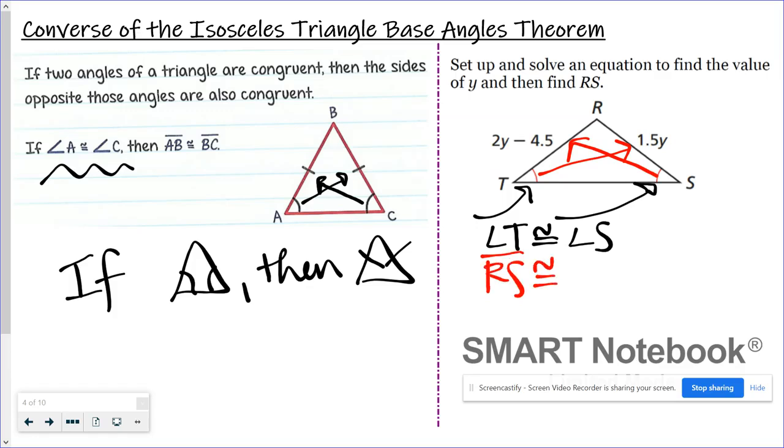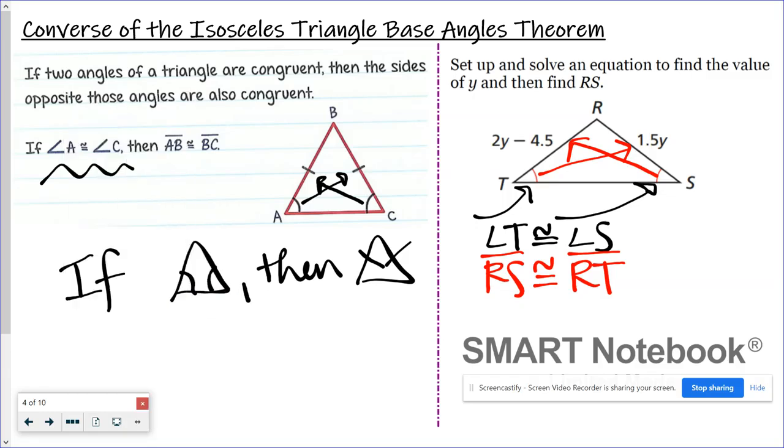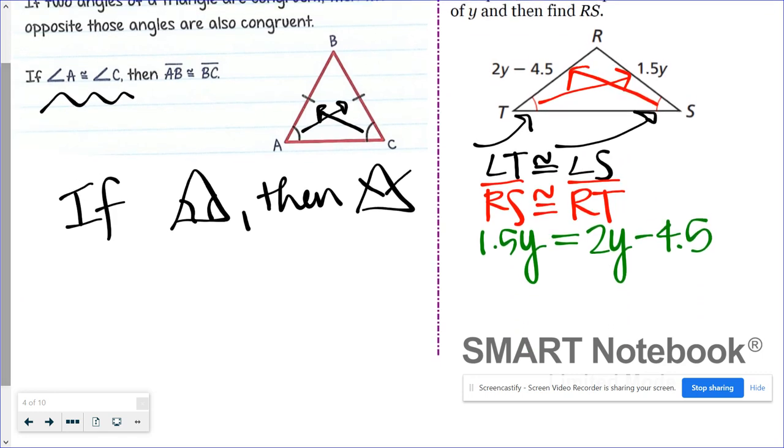So in this problem, that means RS is congruent to RT. So I can use that relationship to create an equation. I'm going to have 1.5 times y equals 2y minus 4.5. And then I'm just going to go about solving this equation for y, and I ultimately get that y is equal to 9.